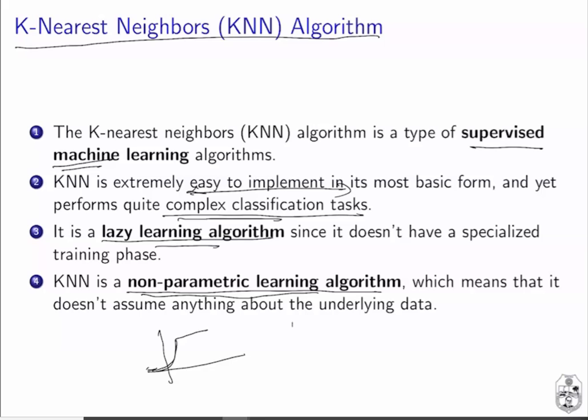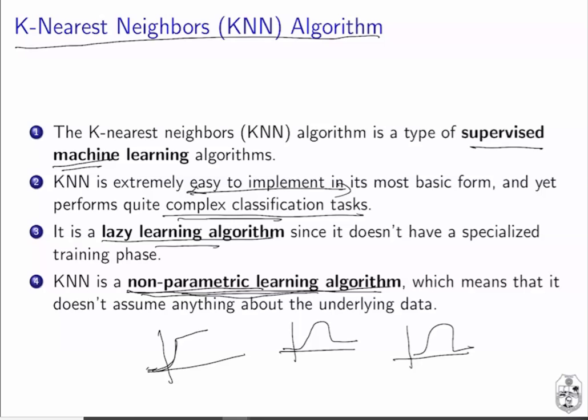In the case of LDA and QDA, we assume that our sample data set has a normal distribution like this. But the k nearest algorithm does not assume any underlying shape for the function, and that's why it is called a non-parametric algorithm.